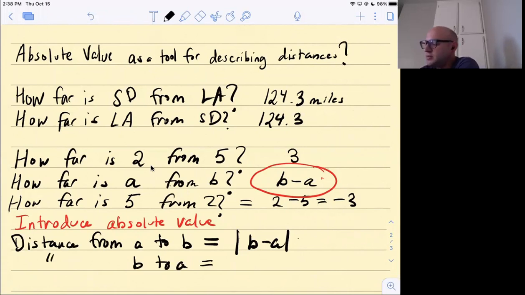And that's the idea, that we get rid of the minus sign and we just talk about the positive distance.